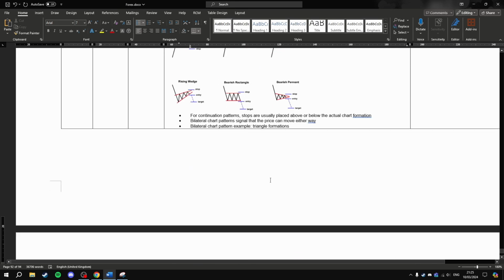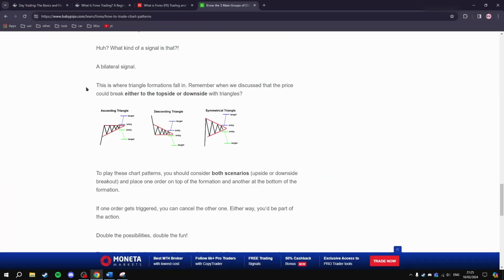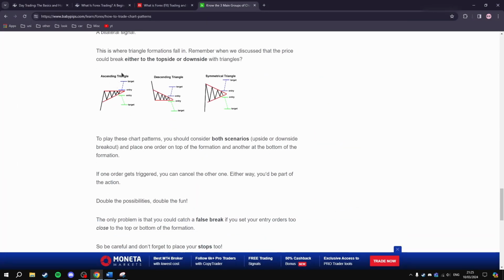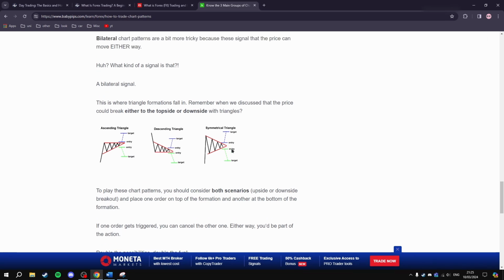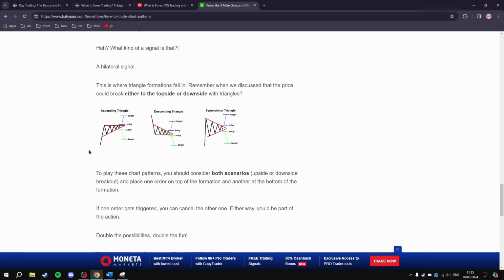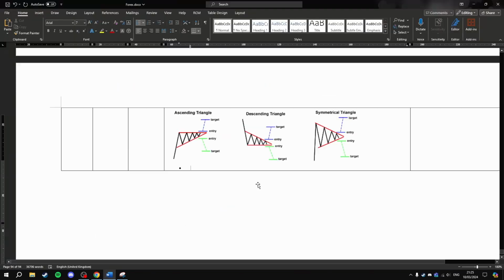So we've got the ascending triangle, descending triangle, and symmetrical triangle. To play these chart patterns, you should consider both scenarios, upside or downside breakout, and place one order on top of the formation and another at the bottom of the formation.